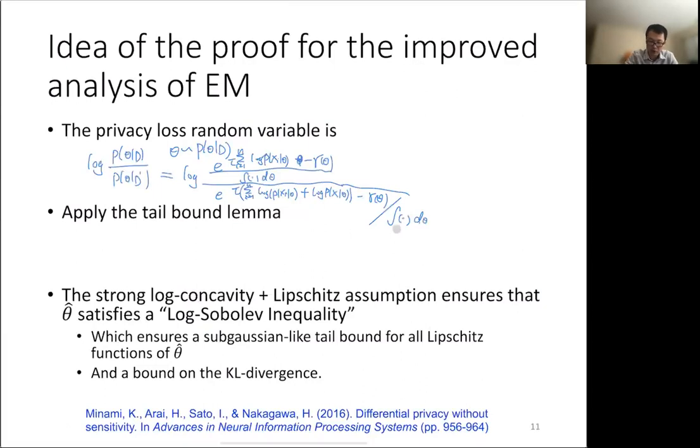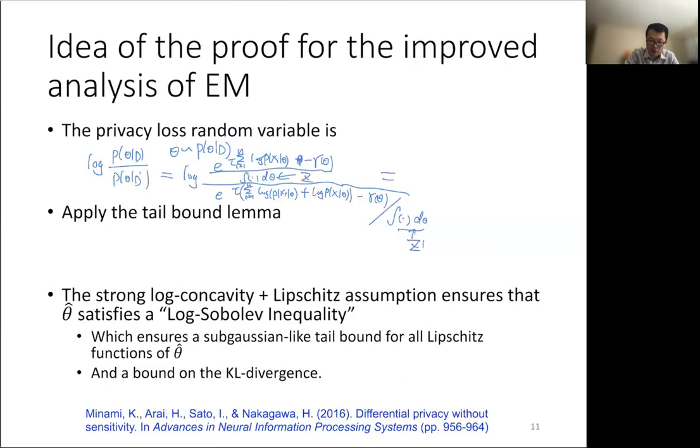Okay, so we'll call this normalization constant z prime, and this normalization constant z, right? And then what this privacy loss random variable really is, because let's say that this log cancels with this exponential, and everything just becomes the differences of the log likelihood.